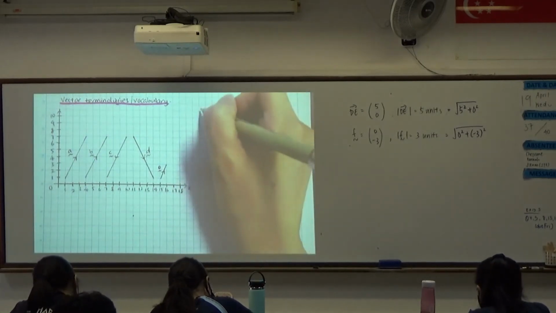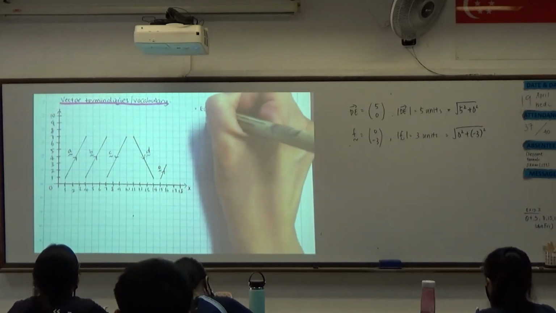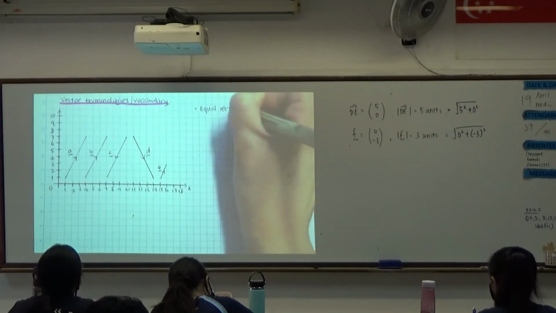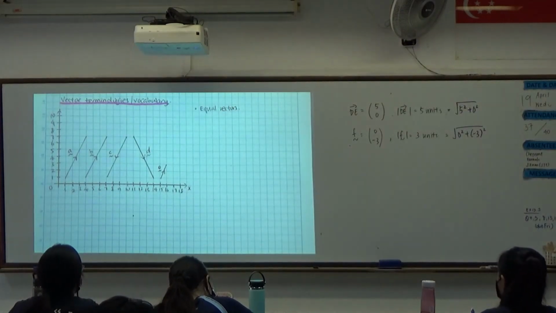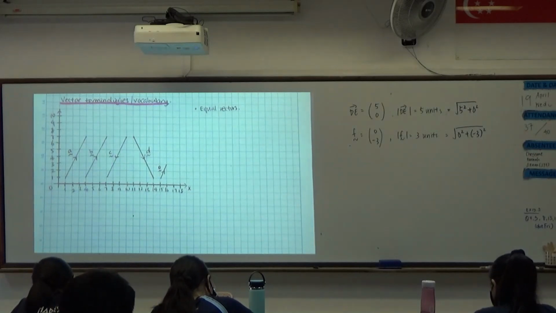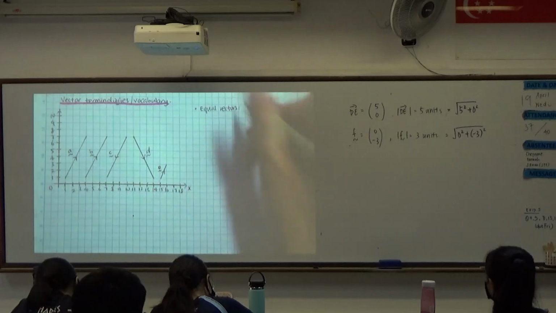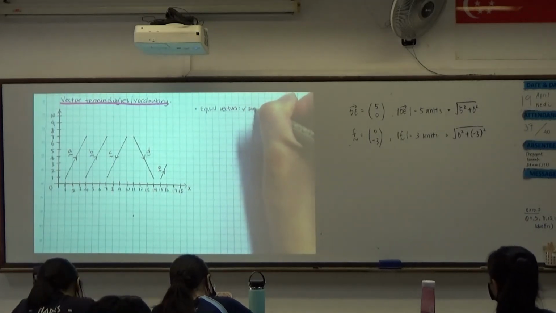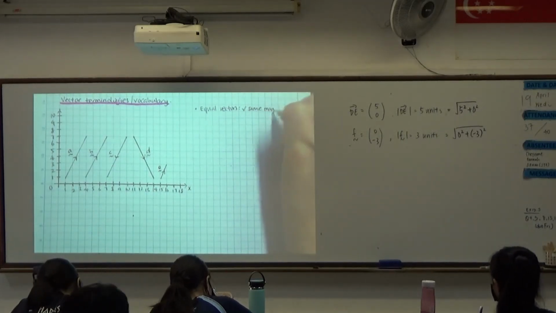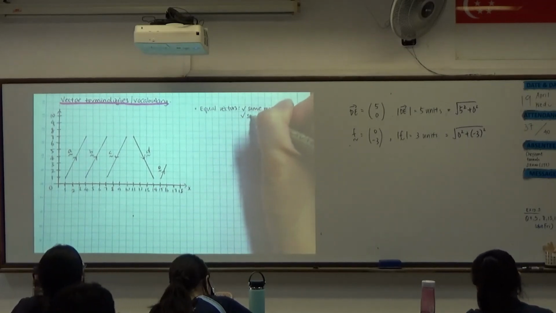I'm drawing this to help us understand firstly what equal vectors are. Equal vectors, like what the word suggests, have to be equal. And equal in what sense? They have to be equal in terms of their magnitude, as well as having the same direction.